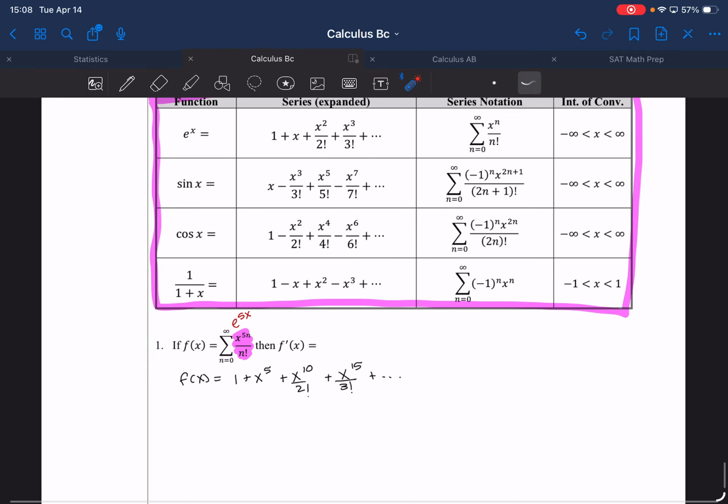It's because I have this memorized here. Okay, and so anywhere that I have an x with an exponent, I'm multiplying that exponent by 5. Okay, so that's why this is 5, 10, 15, etc.